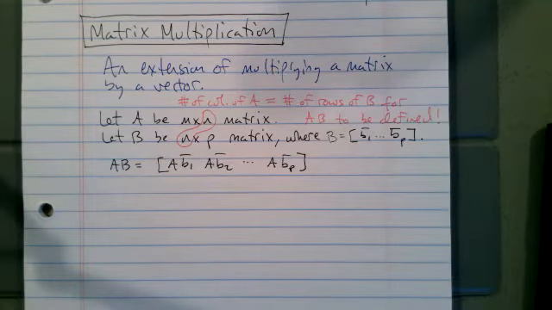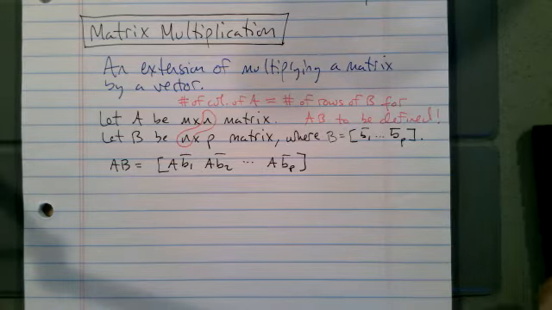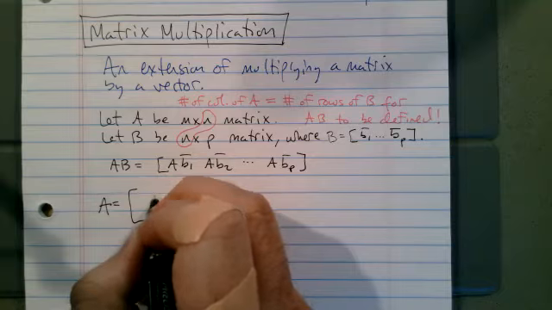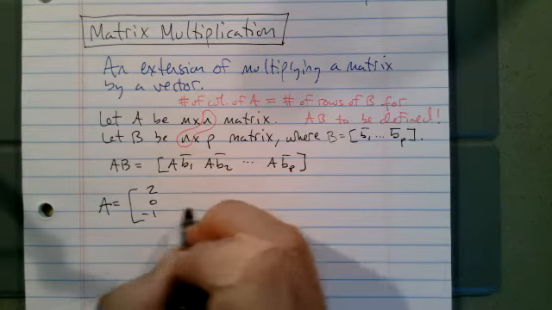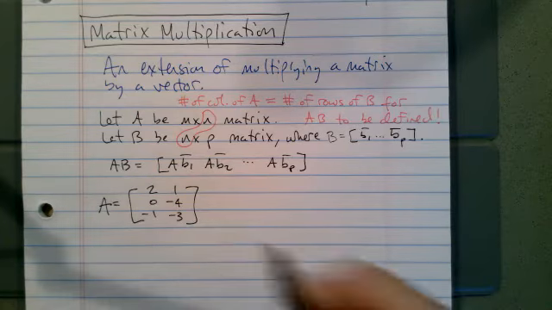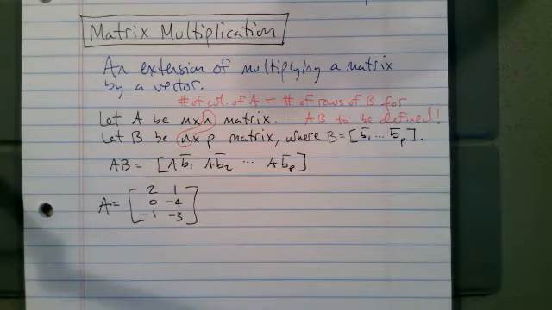Let's suppose that I have a matrix A that is, by columns, 2, 0, -1, and 1, -4, -3. So first column is 2, 0, -1. Second column is 1, -4, -3.